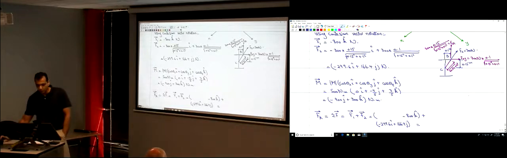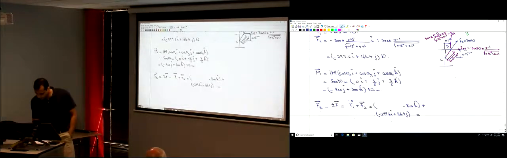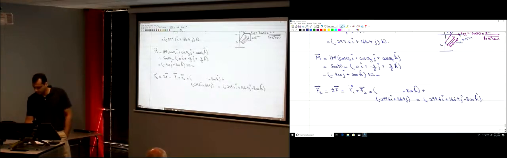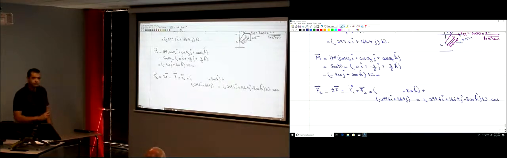Just sum each component: the I components, negative 249.6I, the J components, the K components. Newton. That's the answer. That's the equivalent force. This is the resultant force.